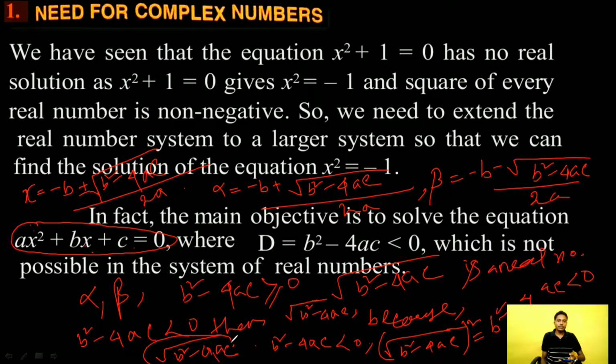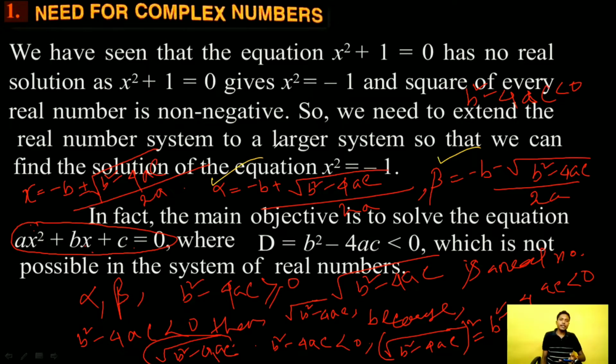So when b square minus 4ac is less than 0, the roots alpha and beta are obviously not real numbers.